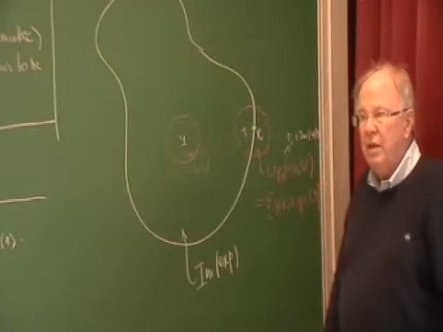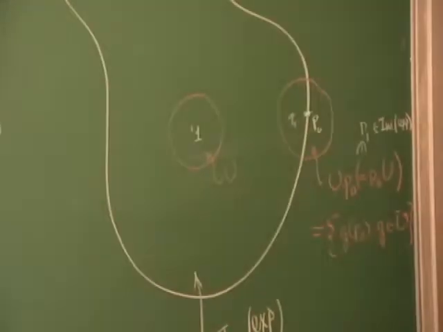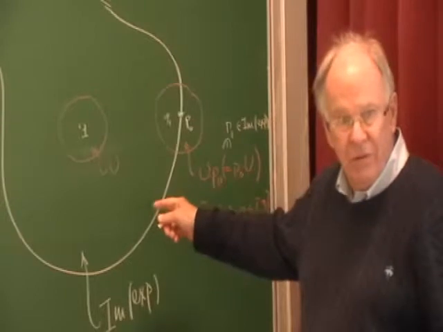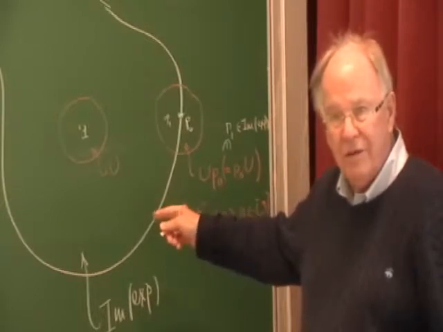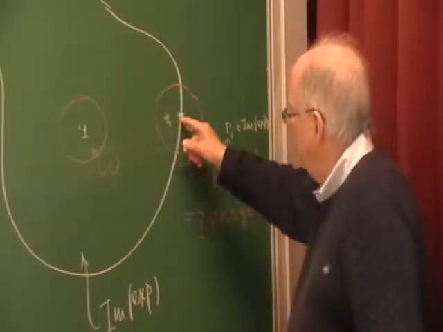Why can we do that? We can do that because P0 is on the boundary of this set. The definition of the boundary of the set is that it's an accumulation point of the set. There's a sequence of points that accumulates to P0 that's in this set.